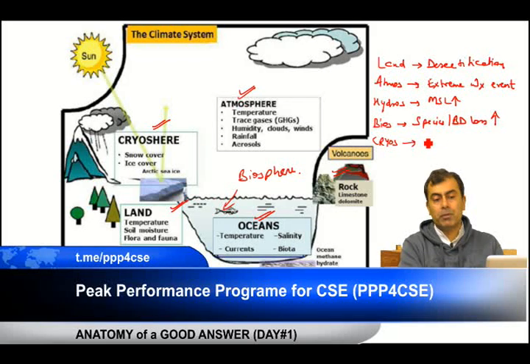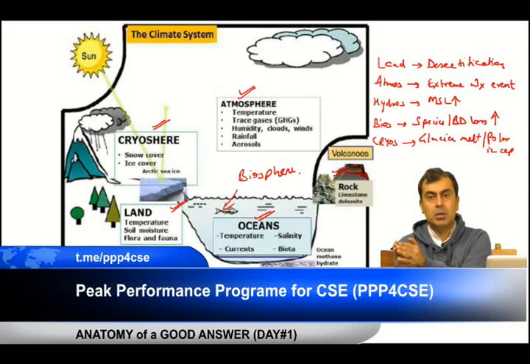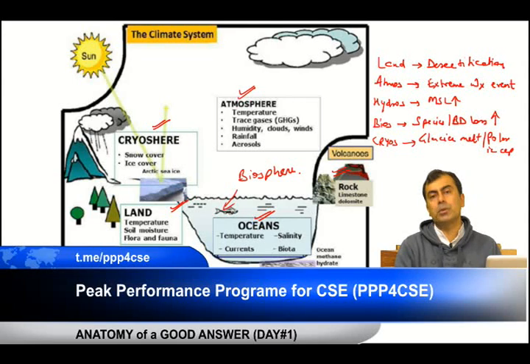Cryosphere, say for example, glacier melt, polar ice caps melt. So that's what climate change is. I am going to explain. First of all, since the question is explain global climate change, I need to tell what it is. So there should be a para attending to that.